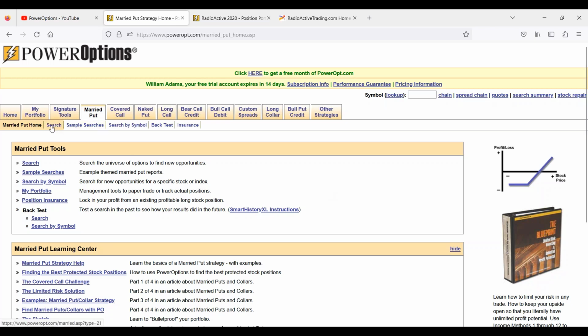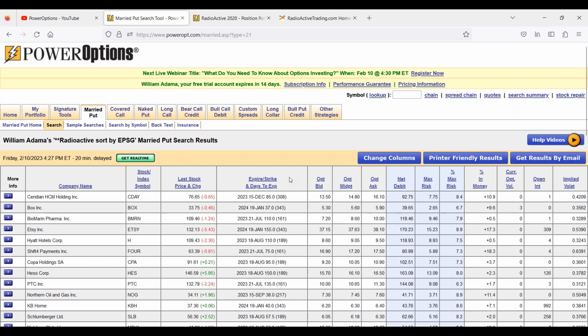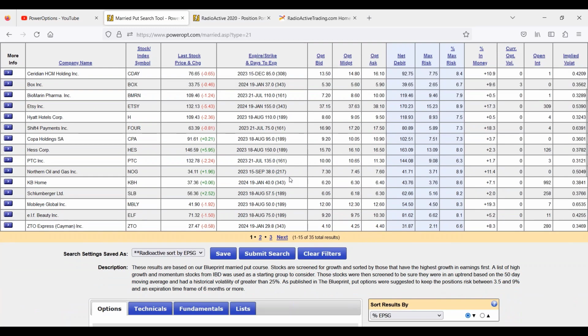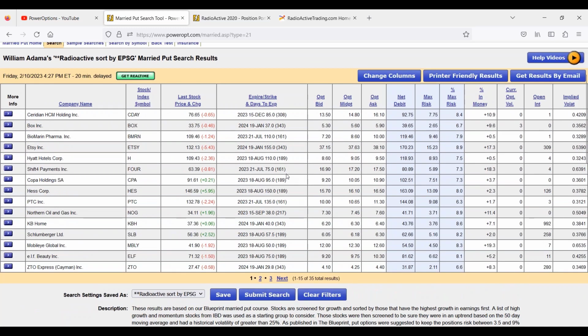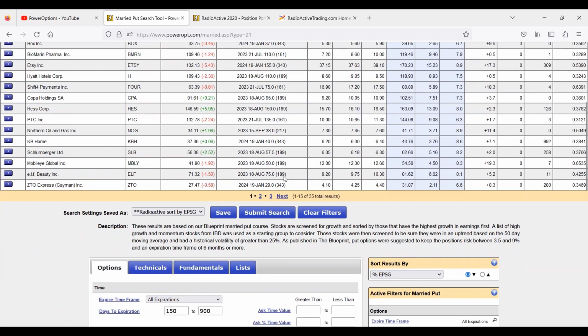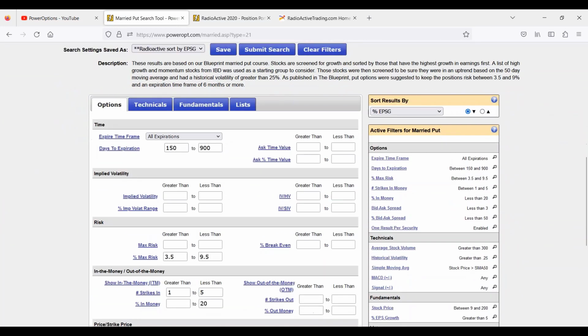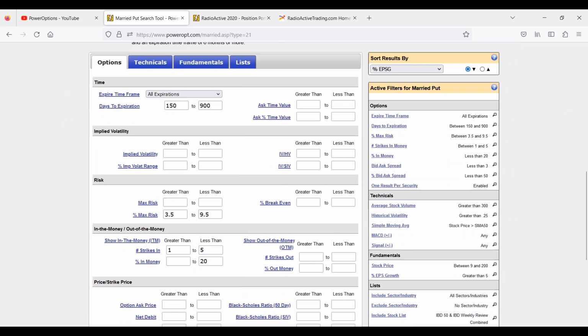Now, let's go into the search tool. The blueprint not only describes what we're looking for in the 12 different income methods, it also describes the stock structure and criteria that we want to use.